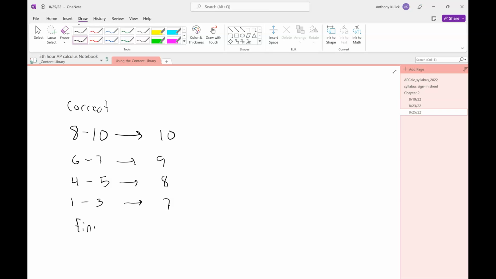And finishing, so 0 correct but you finished, is a 6. And then nothing is 0.